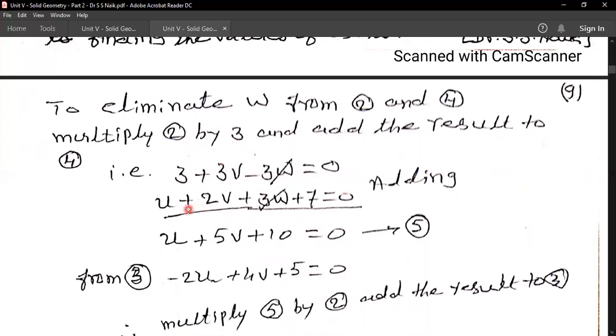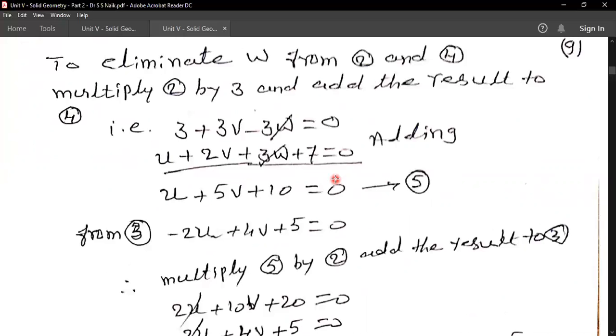Then this is your fourth equation, u plus 2v plus 3w plus 7 is equal to 0. Now you are adding these two equations. So minus 3w plus 3w will get cancelled. Then this becomes 5v, and this becomes 3 plus 7 is equal to 10. So u plus 5v plus 10 is equal to 0.